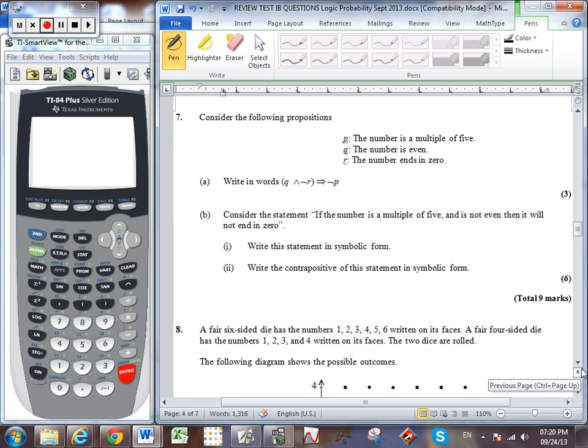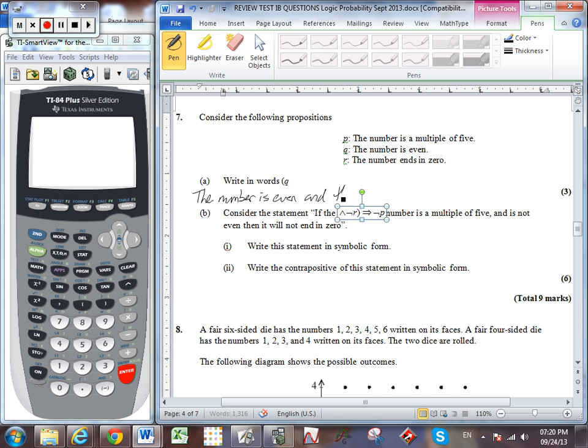So we have to write this compound proposition in words. So the number is even and the number does not end in 0. I'm not really sure what just happened there. Let's go back and see if I can undo that.